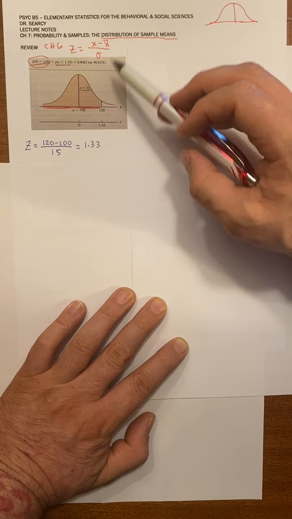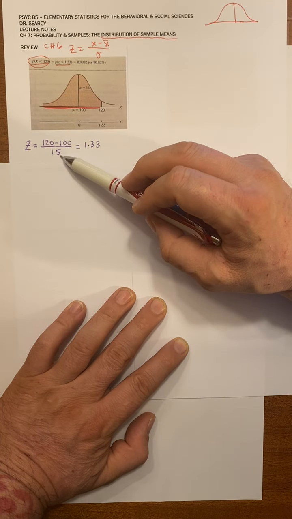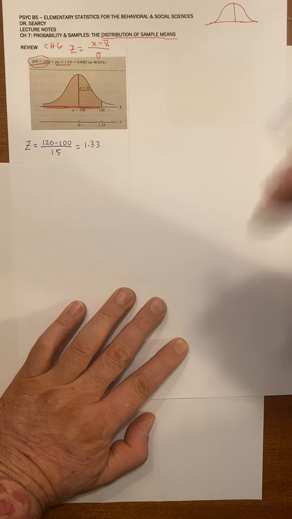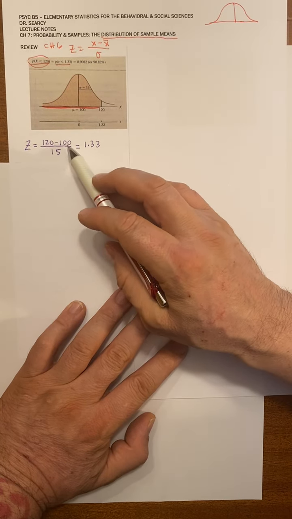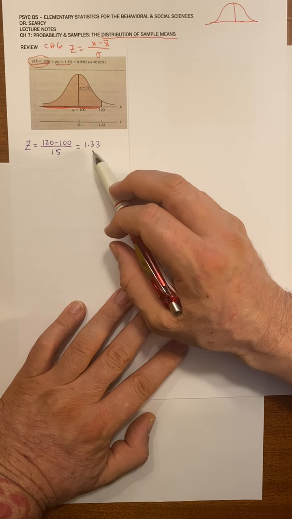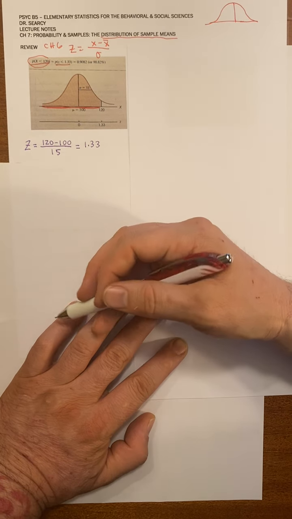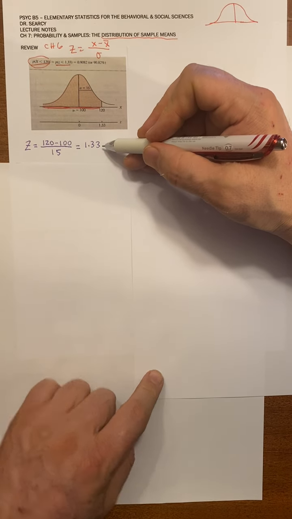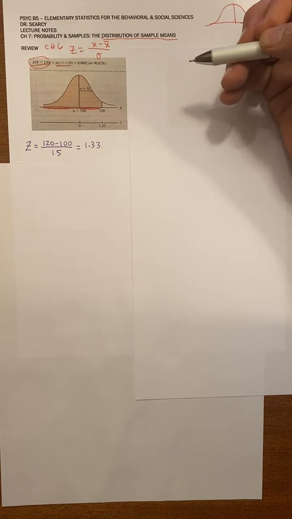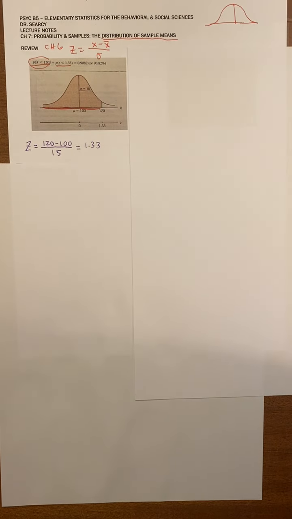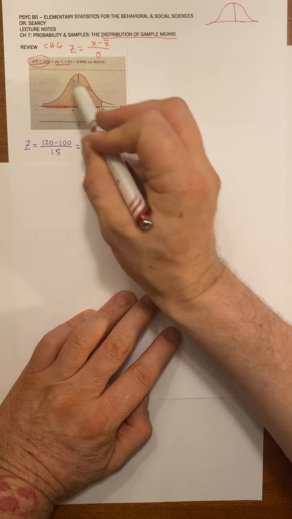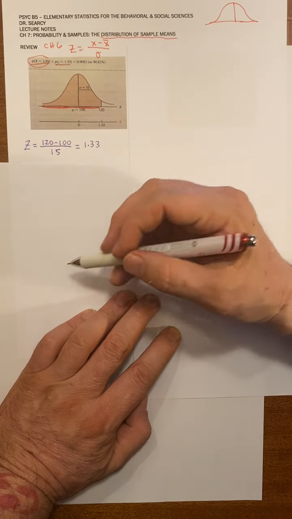The mean is 100, and the standard deviation of 15 is the standard deviation they're talking about right there. So we conducted the calculation, and that's how we get this 1.33. From there, remember what you're supposed to do now is look that 1.33 up at the unit normal table and use that to figure out the proportion that we're talking about in this question.